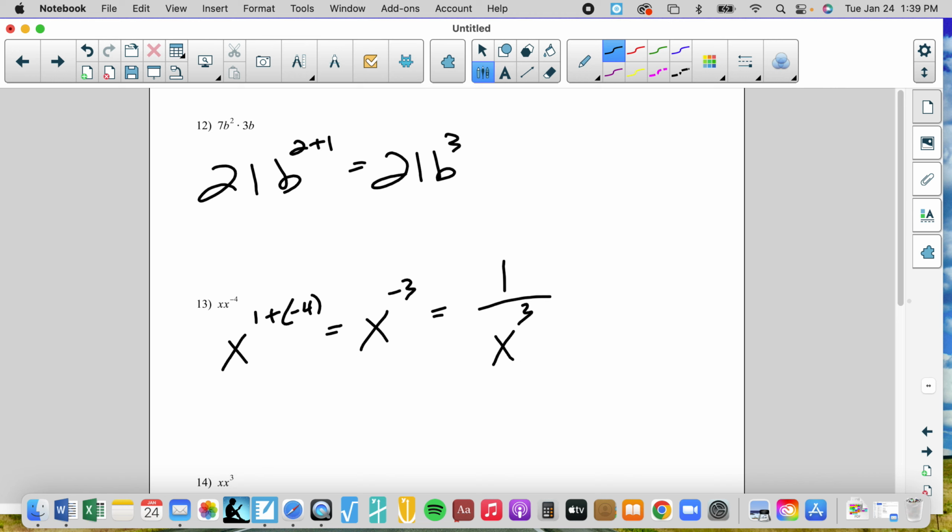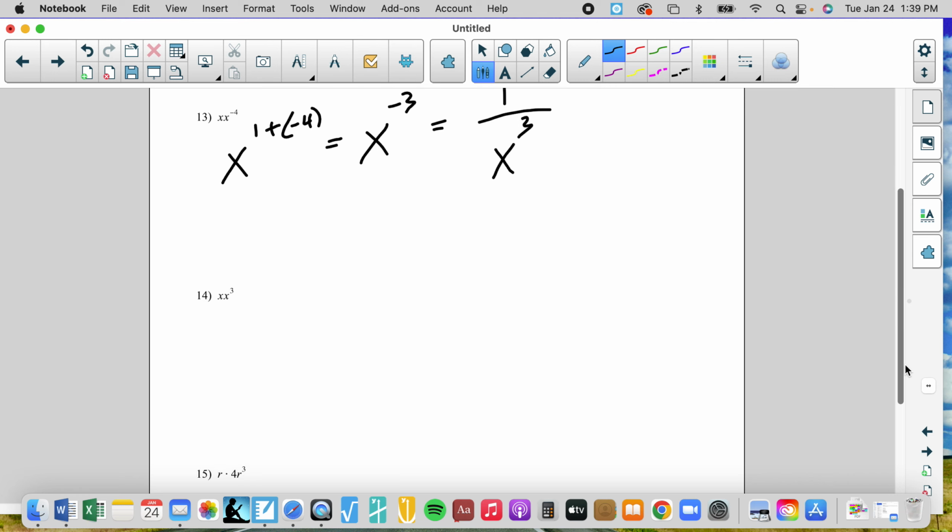So we move the base down into the denominator, which changes the sign of the exponent. When you change the sign of the exponent from -3 to +3, you change the location of the base. It's in the numerator. It now goes into the denominator. So very important. That's how we get rid of negative exponents.